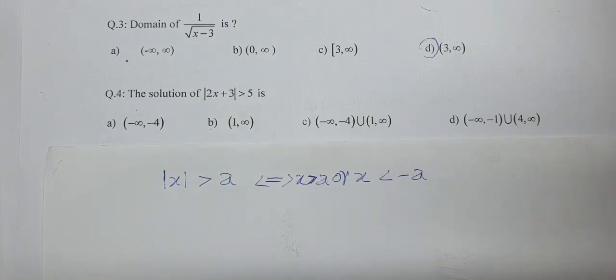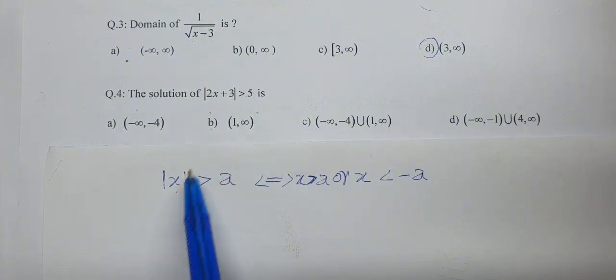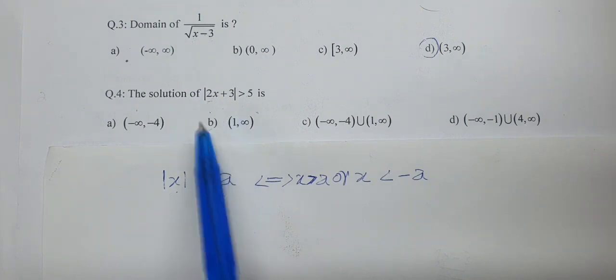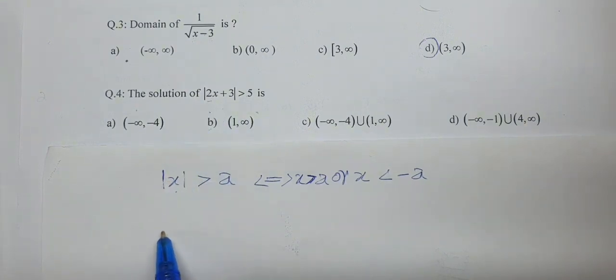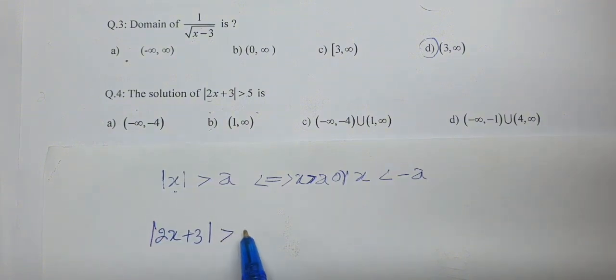So we will use this property, and here you can see that x is this whole expression, so instead of x we will write 2x plus 3 greater than the number 5.